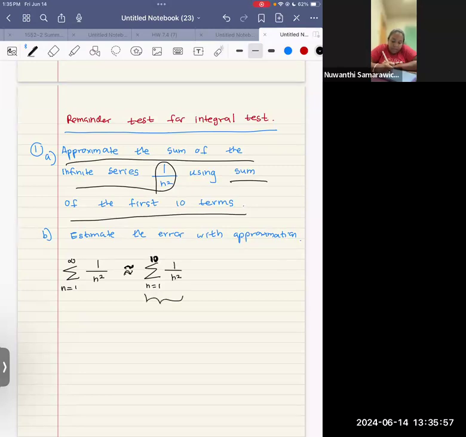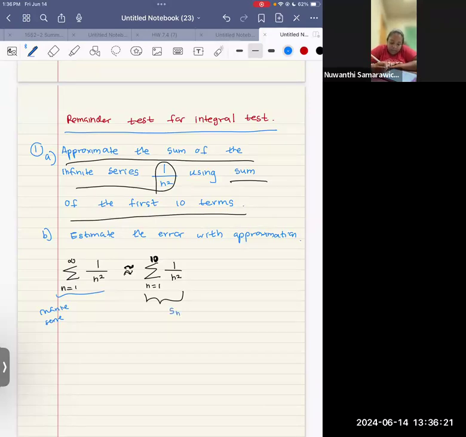Now, what is this idea? Remember we did yesterday. What do you call this one? This is an infinite series. And this is a partial sum, right? We take the partial sum, so this is Sn.